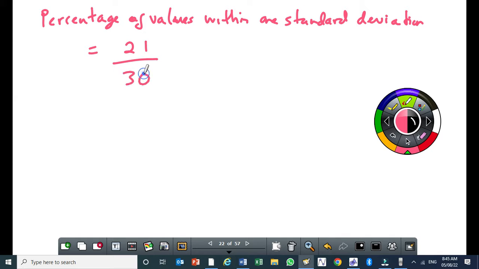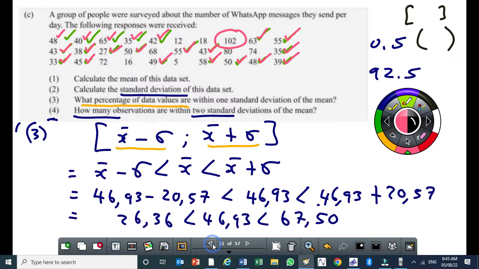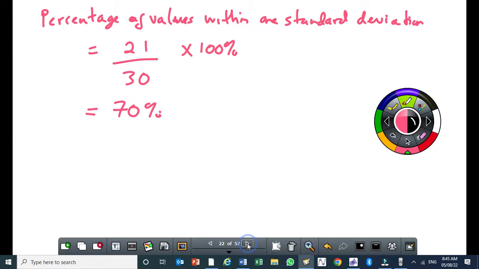But the total is what? 30. Then you multiply by 100%. And your answer will be 70%. So what this means is that 70% of the values in that data set are within what? One standard deviation. Right? So remember, this is C3.